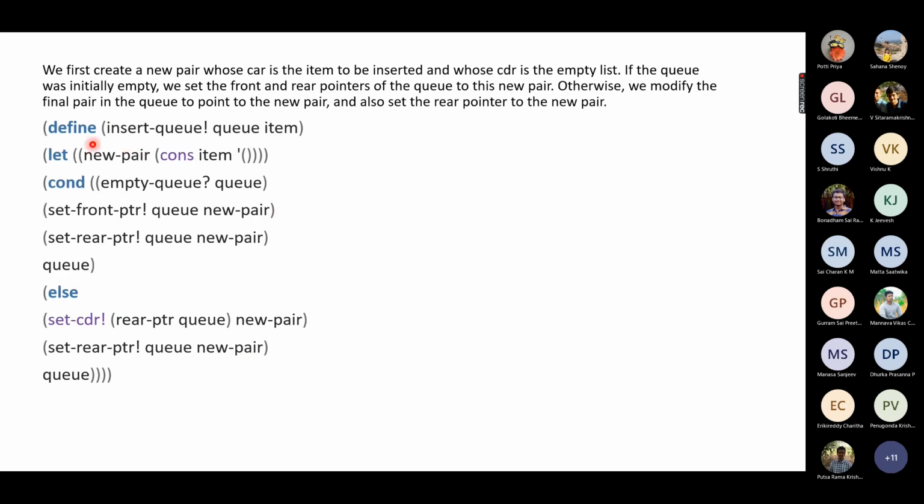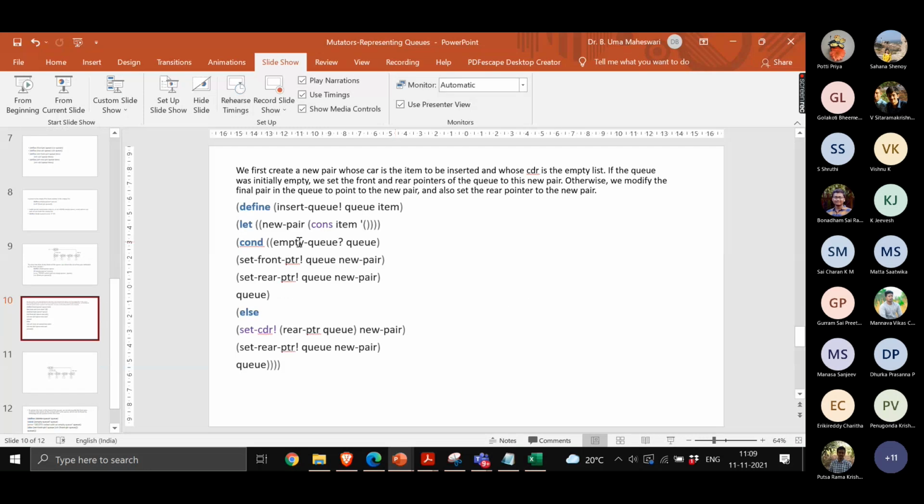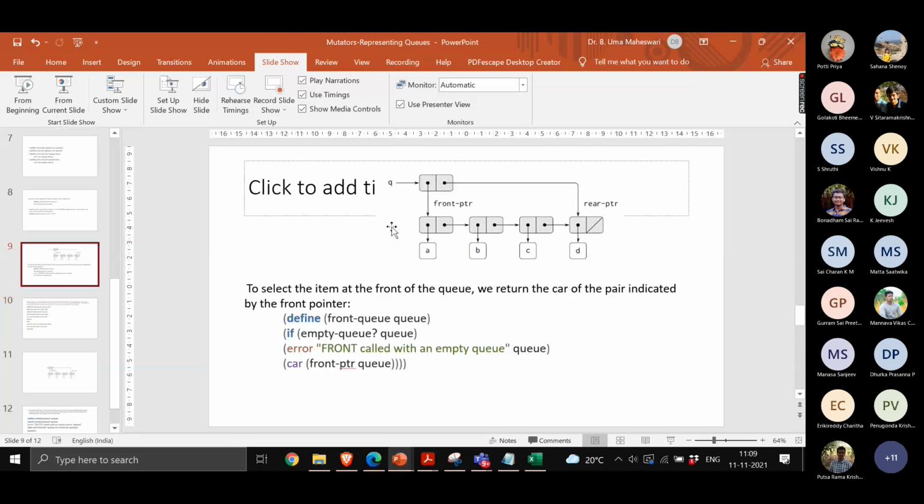Now, let us go for writing the higher level procedure. Insert QX is a mutator we are going to write. So insert mutator, you just look at it and can you understand? I just copy it.